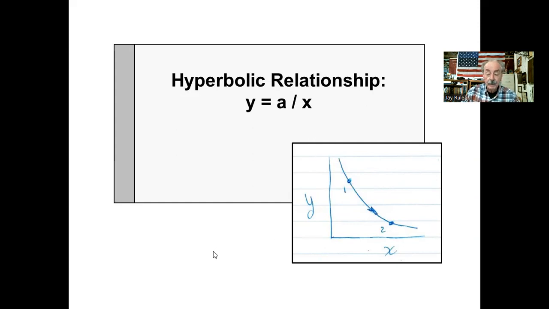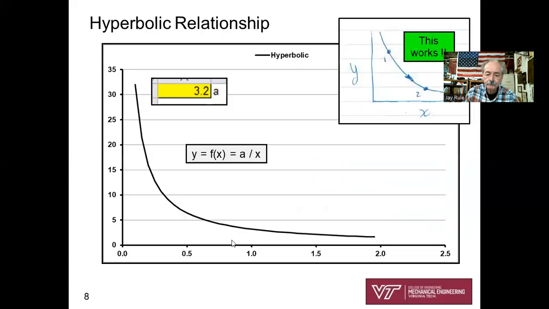I do have to tell you that in mechanical engineering, we're going to deal with this function a lot. And the other part is, as I've shown with my dot 1, we're going to typically do more than just draw the hyperbolic line. We're going to start at some point 1 on our x versus y graph, and we're going to head towards a new point 2 on the hyperbola.